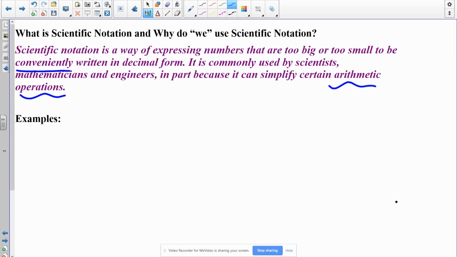And why do we use it? Well, first of all, it's commonly used by scientists, as I said, mathematicians and engineers, because it is simpler to look at, but we also use it because it's plain and simple easier to read. It's easier to compare with. It's easier to write, and it's easier just to look at and truly understand what kind of number we're looking at.